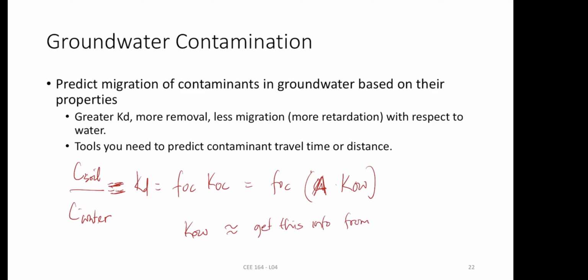So from literature, search on Google Scholar. Any information you don't find, search the pollutant name and KOW, you will be able to find that information on some site, and then you will be able to use it.